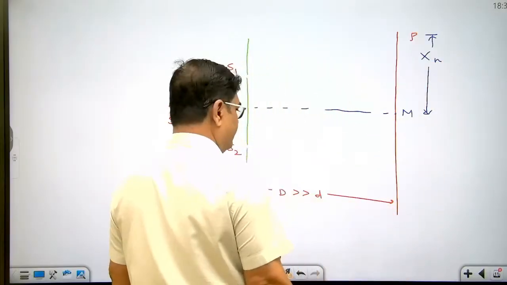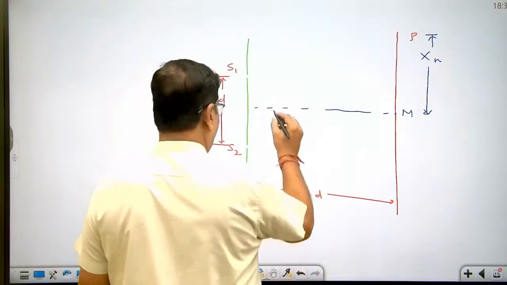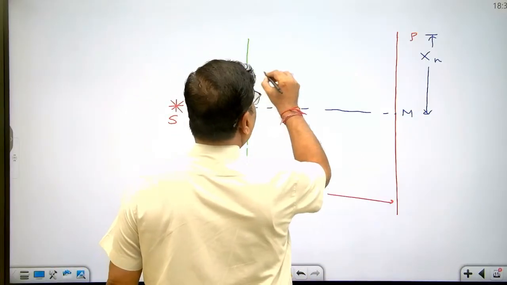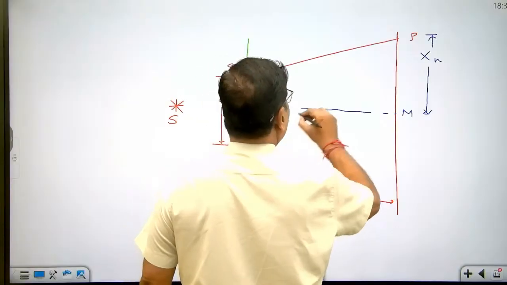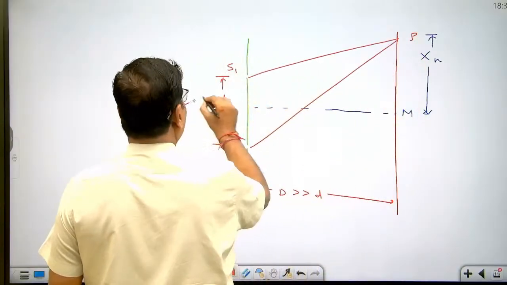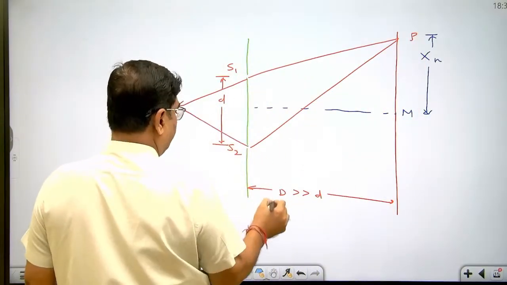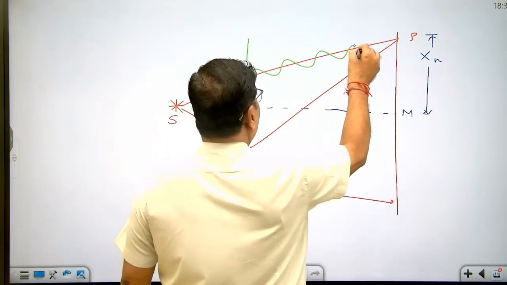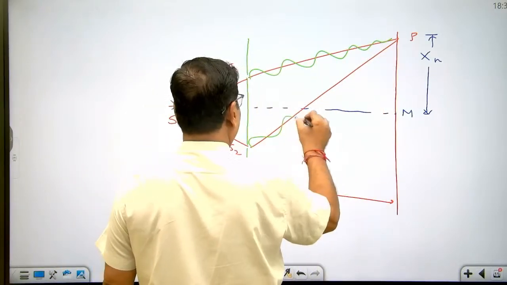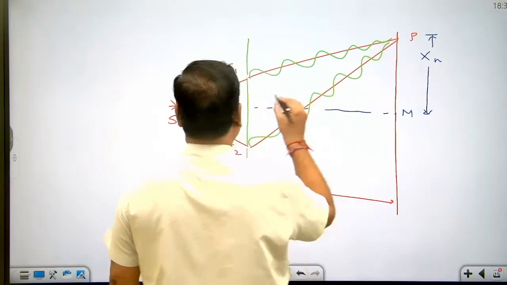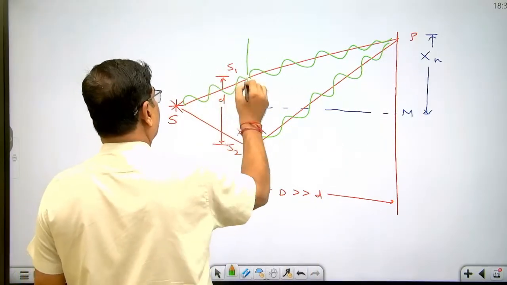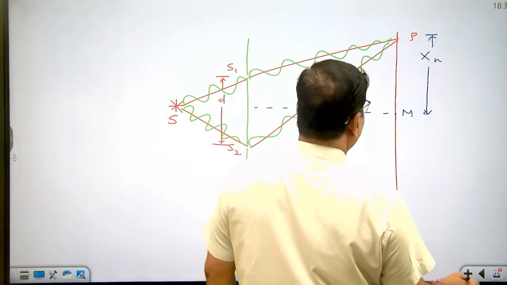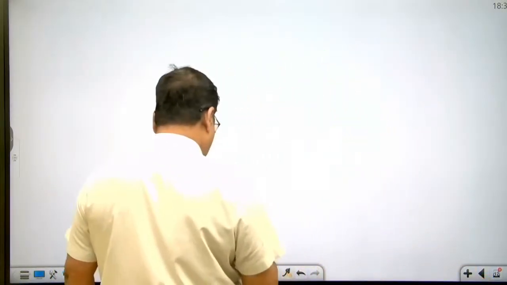And what is xn? The light waves are reaching from S1 and S2 to point P. Initial path difference was 0. There is no optical path difference. So dear student, let us learn the terminology, okay?